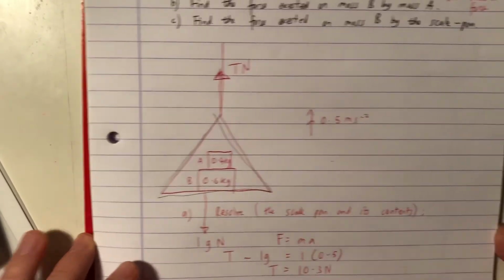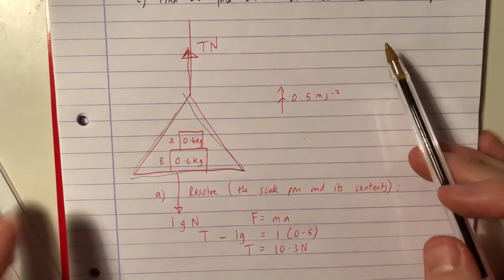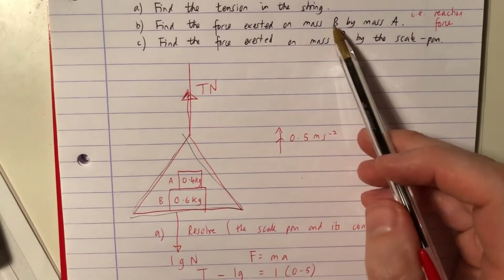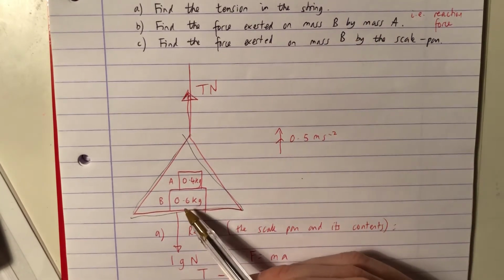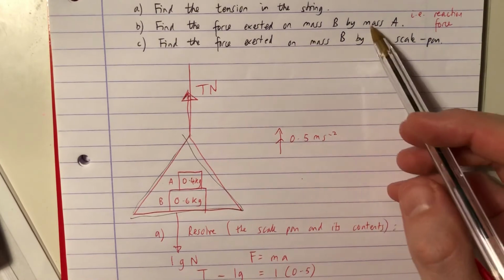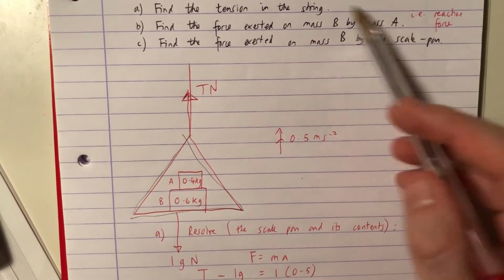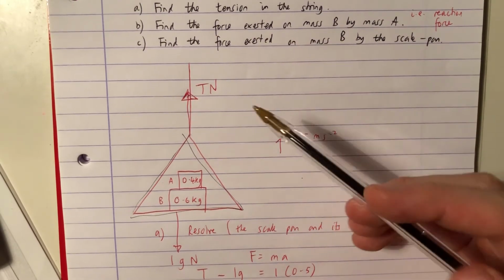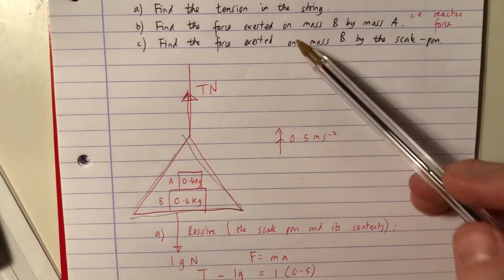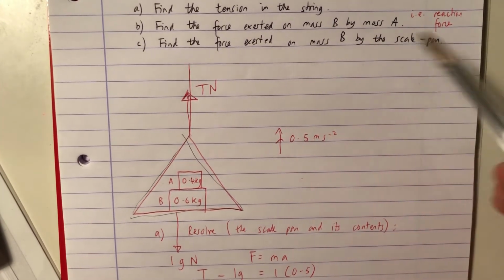So if we look at what it says again, exerted on mass B by mass A, now, this force would be exactly the same as the force exerted on mass A by mass B. Okay, so remember Newton's third law is equal and opposite. So the force exerted on mass B by mass A is the same as mass A by mass B.